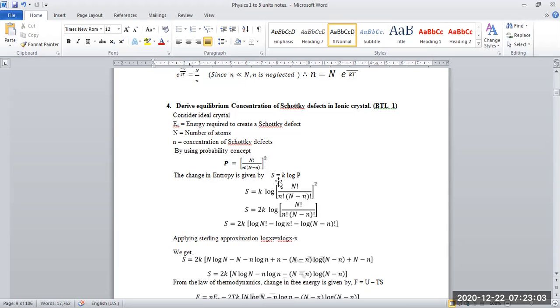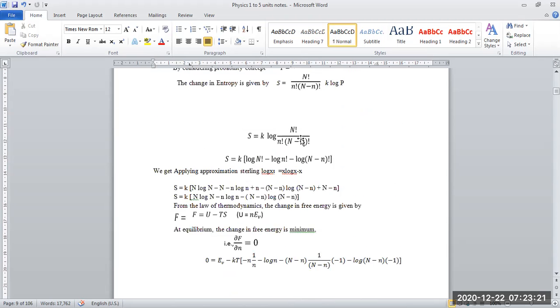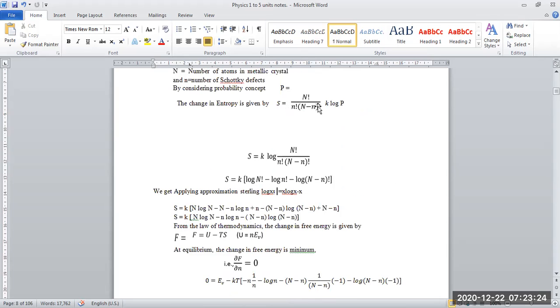Now, what is the change in entropy formula? S represents the entropy. Mathematically, S = k log P. What is P? You know this: capital N factorial and so on. Why is it squared here? In the case of metal, it is not squared, because in metal the atoms move freely.